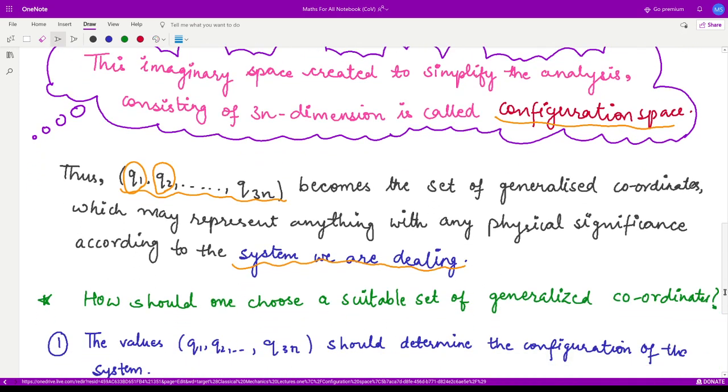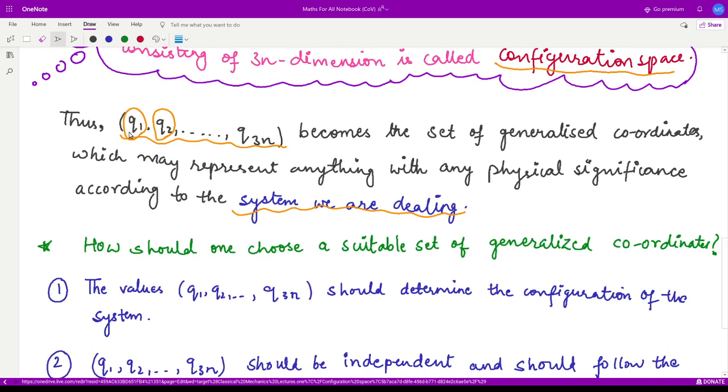So how can one specify, okay, I want this particular set of coordinates to study my system? I want q1, q2, qn to be my masses, or say time, or anything else. I want them to be momentum, and then I want to study its derivative and so on. So how should you decide whether this set of generalized coordinates is suitable for you or not?